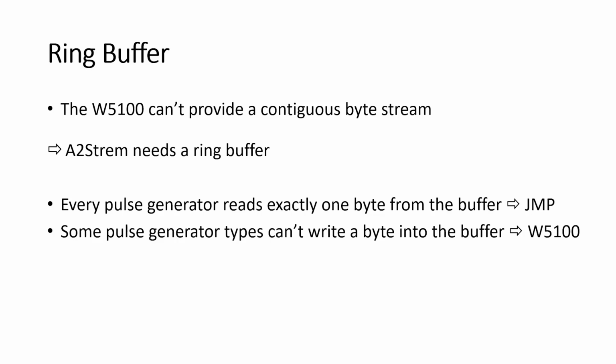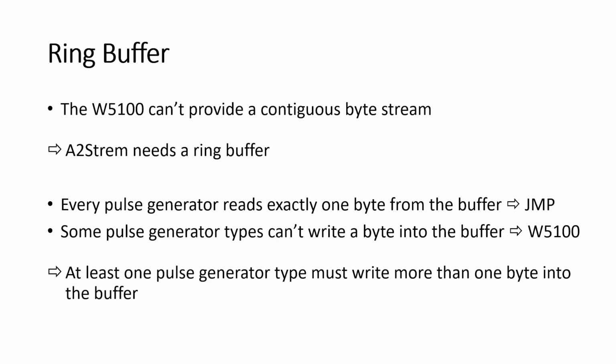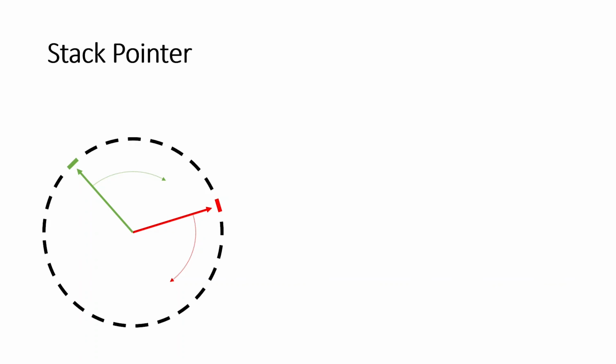But some pulse generator types can't write a byte into the buffer because of the setup and commitment logic needed by the W5100. As a result, at least one pulse generator type must write more than 1 byte into the buffer.